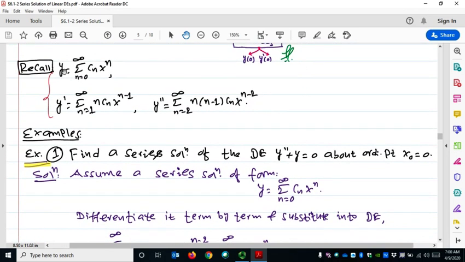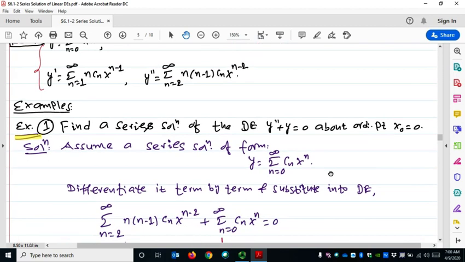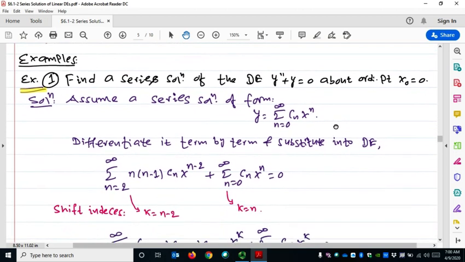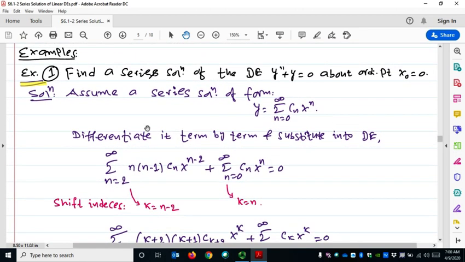Example 1 says: find a series solution of the differential equation y double prime plus y equals 0 about the ordinary point 0.